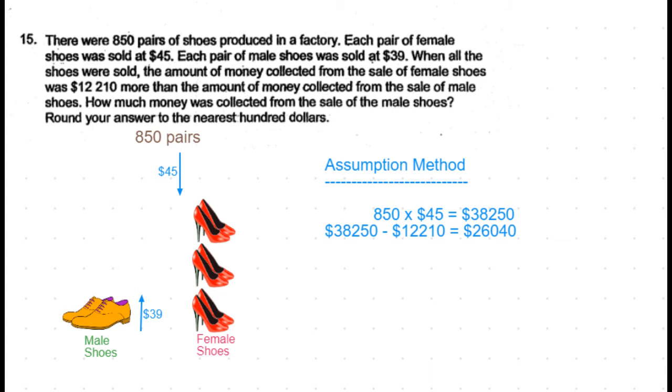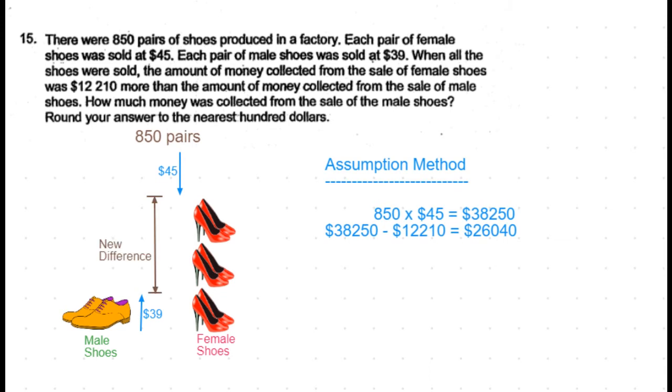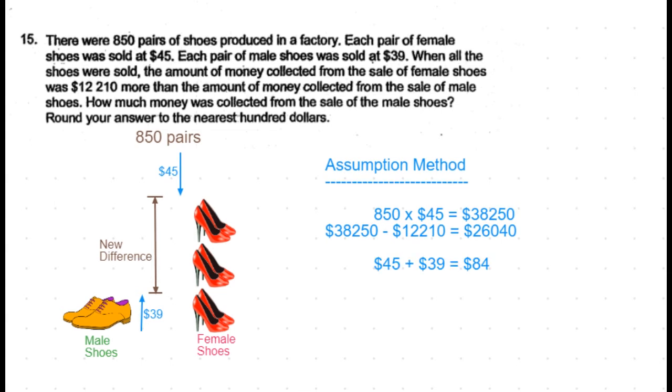So the new difference is lesser than the previous difference by $45 plus $39 is $84.